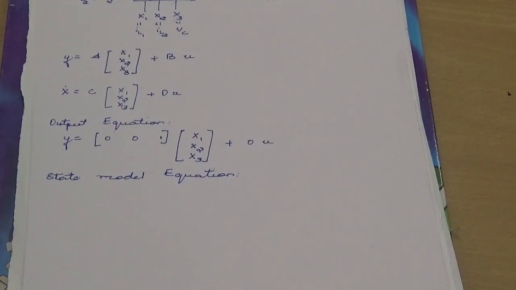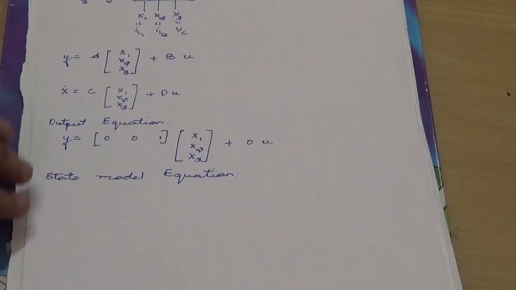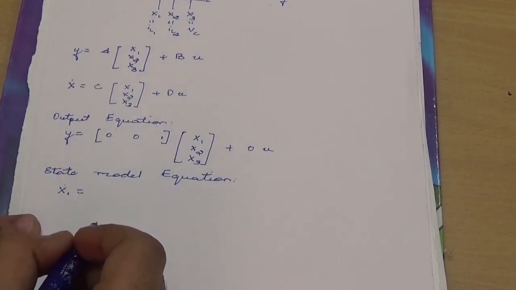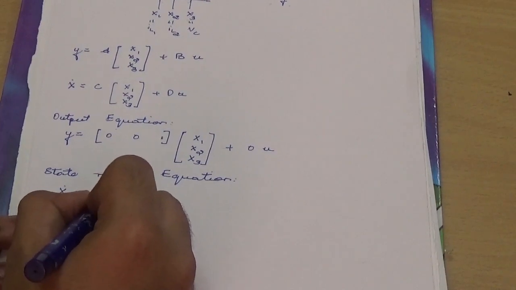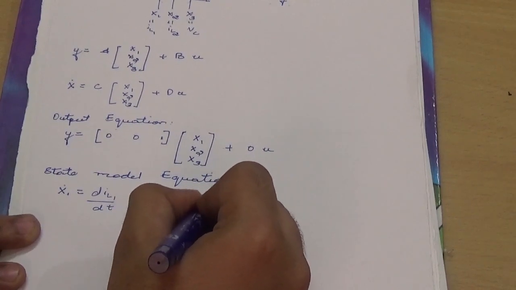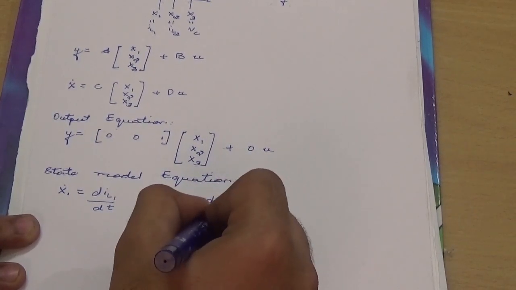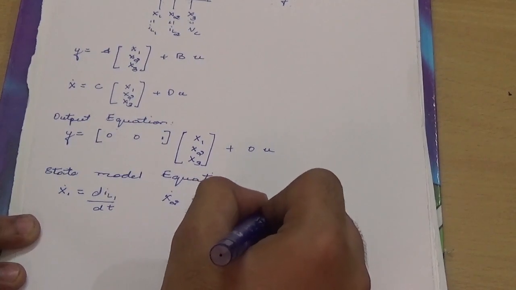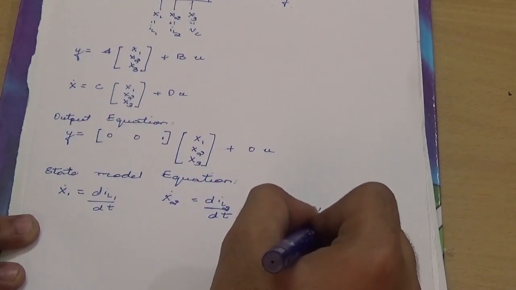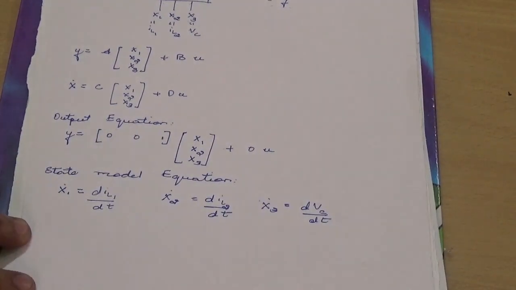To write the state model equation, let us first write the state derivatives, that is x1 dot is equal to dIL1 by dt, x2 dot is dIL2 by dt, x3 dot is dVc by dt. Now I have to obtain the expressions for these.